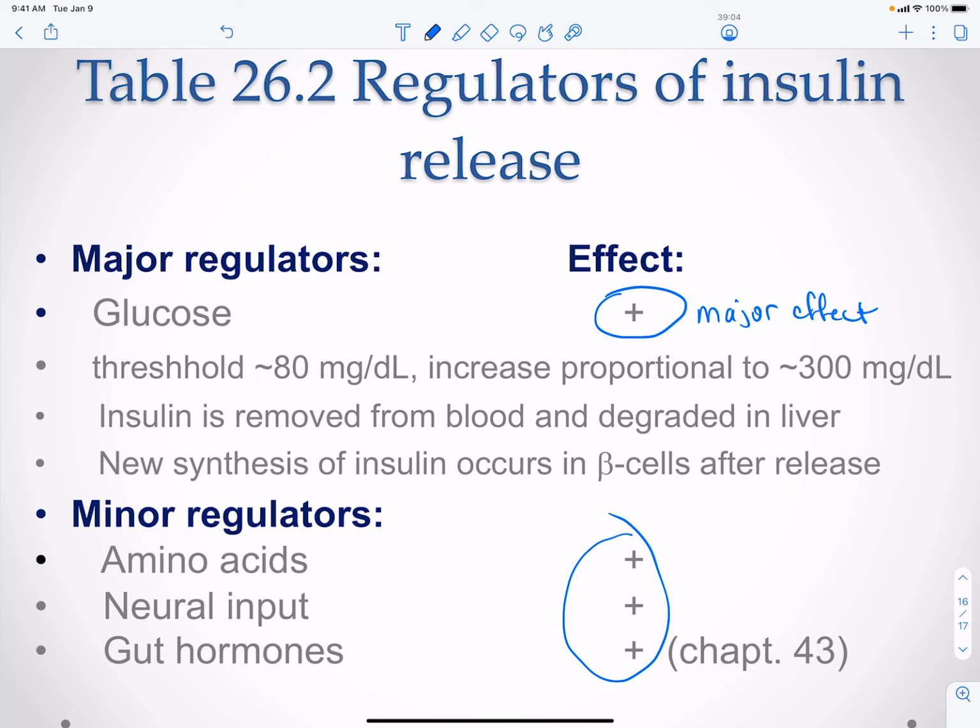Some amino acids are going to be able to do this. You have gastric inhibitory polypeptide, or GIP, a gut hormone after food intake that can help prepare your pancreas for the release of insulin. So there are going to be things that can help besides just glucose. But a major regulator is, of course, going to be glucose.